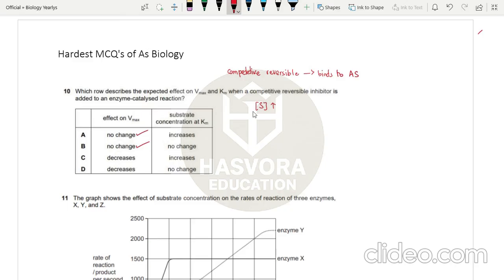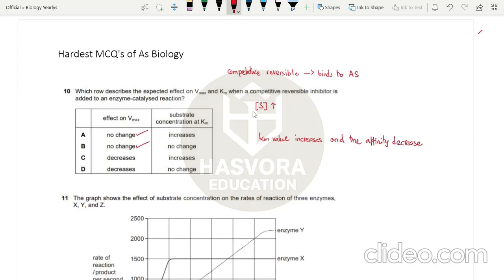When there is a non-competitive irreversible inhibitor, there is an effect on Vmax and the Vmax is reduced, while the effect on the substrate concentration at Km is that we know that the Km value increases and the affinity decreases.